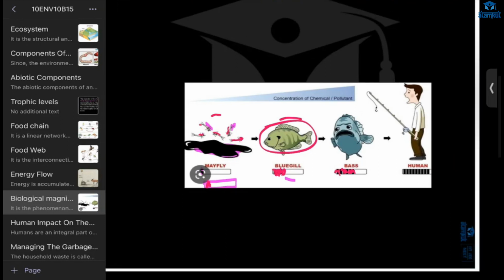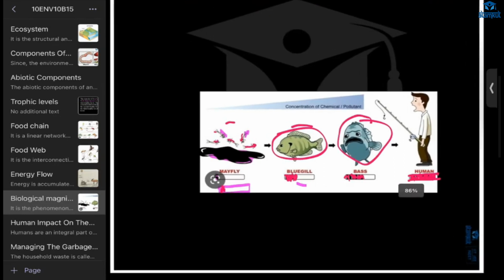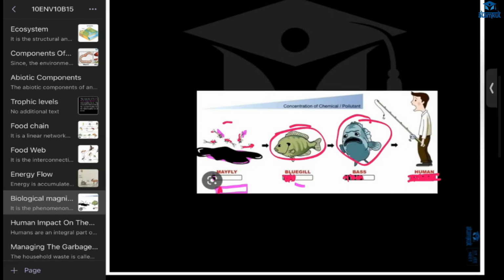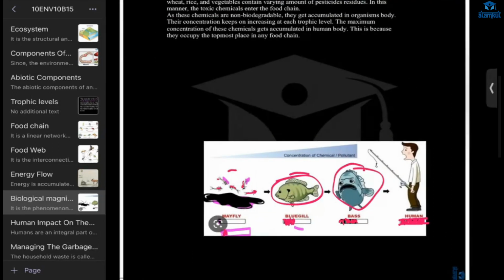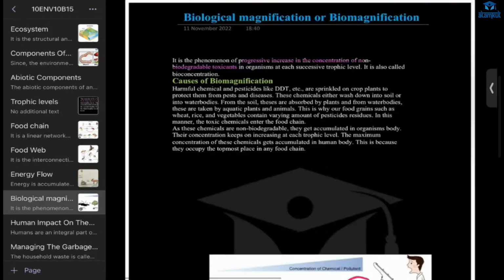Then the human will eat the bigger fish, and here the concentration will increase even more. It will be highest in the highest trophic level. This is called biomagnification.